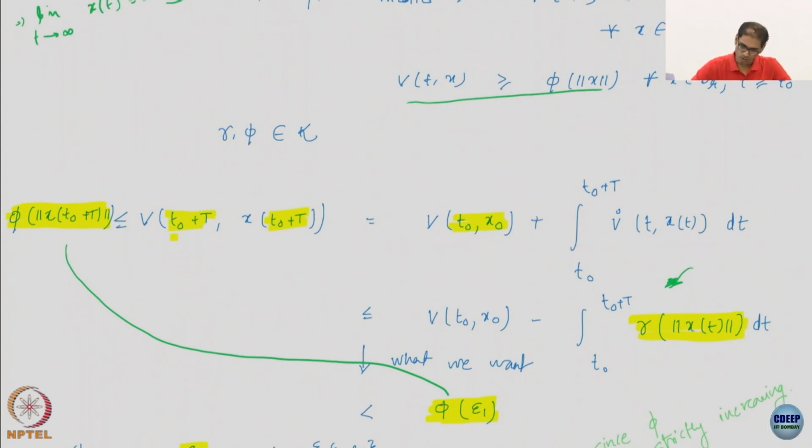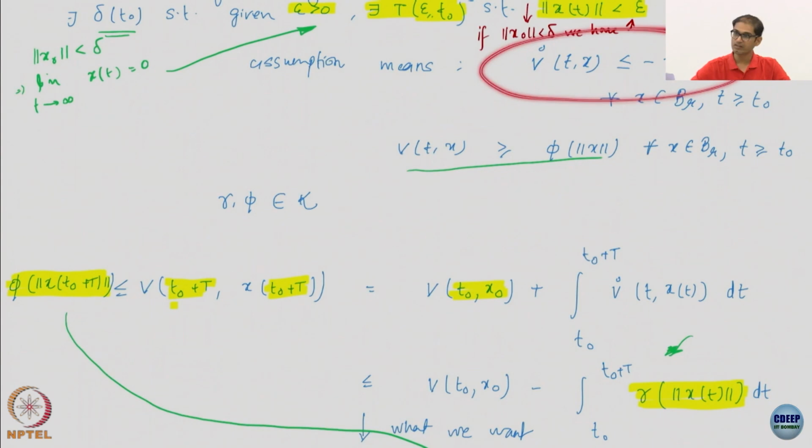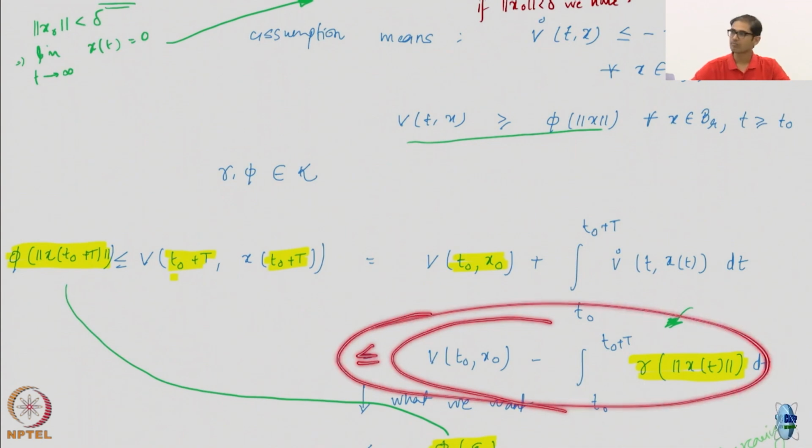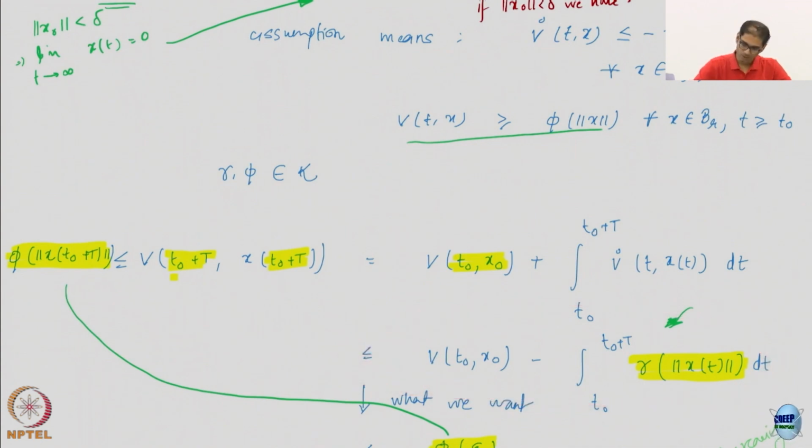And now I know from the first assumption, the negative definiteness assumption, that this can be written as less than or equal to this. Why? Because V dot is less than or equal to minus gamma of norm x. So I have just substituted this here, and because there is a less than or equal to, the equality became a less than or equal to.